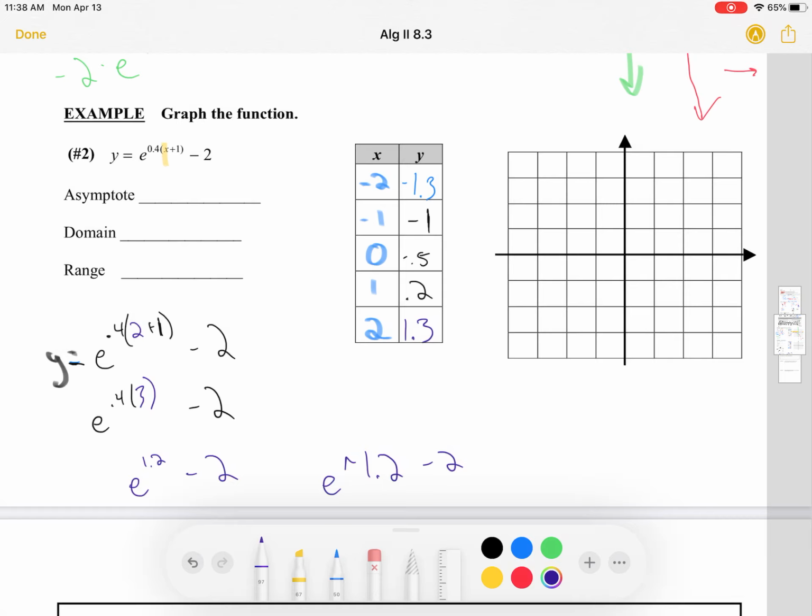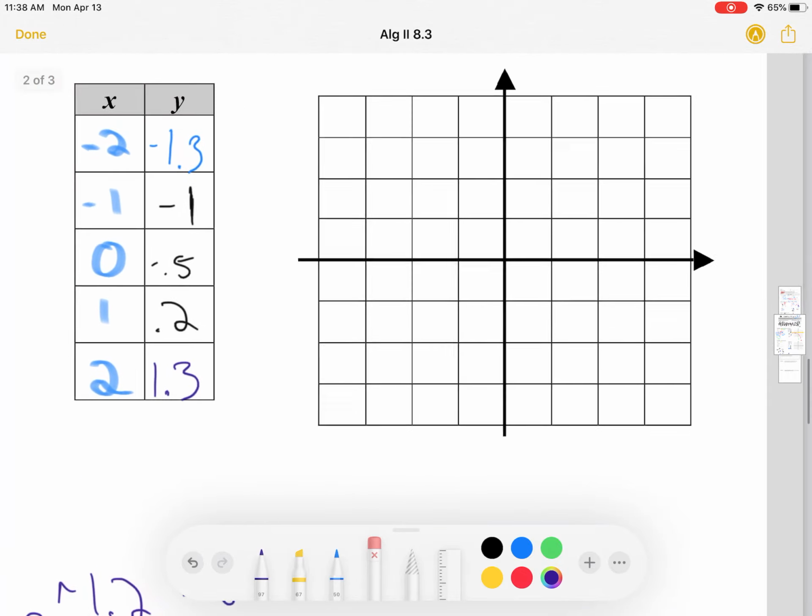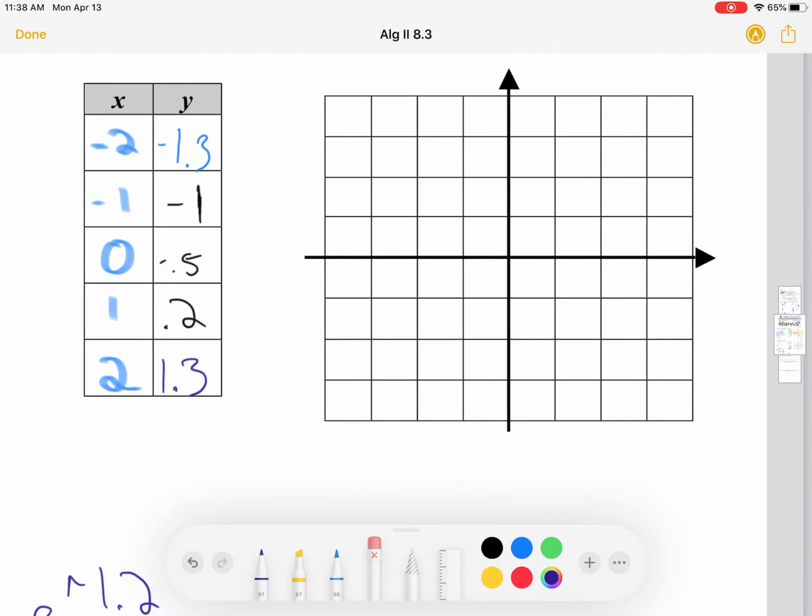Okay, now we just got to plot our points. -2 tells us left 2. -1.3 tells us down 1.3. We're going to end up about right there. -1, -1 means left 1, down 1. 0, -0.5, over 0, down 0.5.